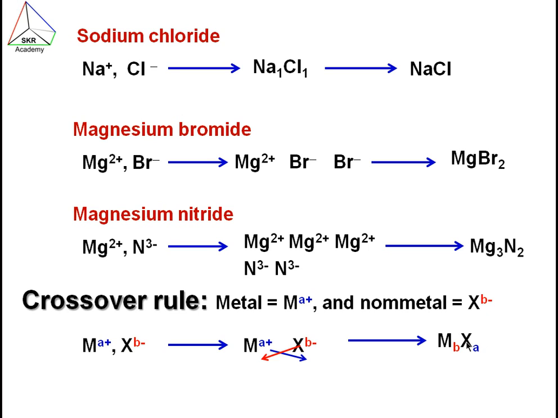To verify the crossover rule, let's understand magnesium nitride once again: Mg 2 plus and nitride 3 minus.